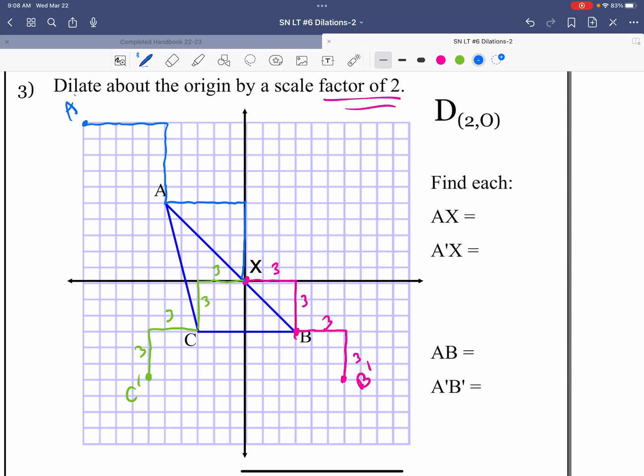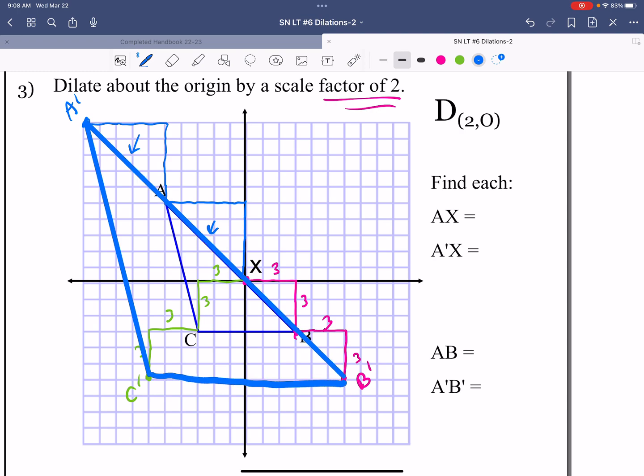So A prime is here. And you can see if that's 1 unit, I've gone twice that length to get to A prime. Then we connect our primes. And this gives us the image of a scale factor of 2 with X being the point of dilation. Here's our original.